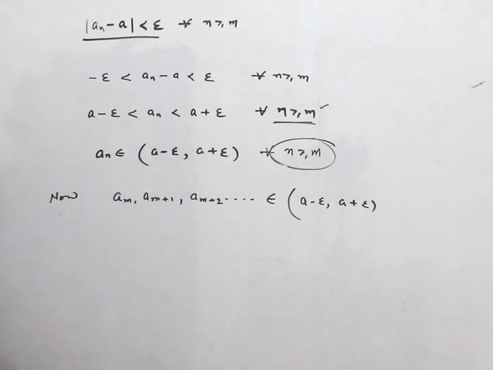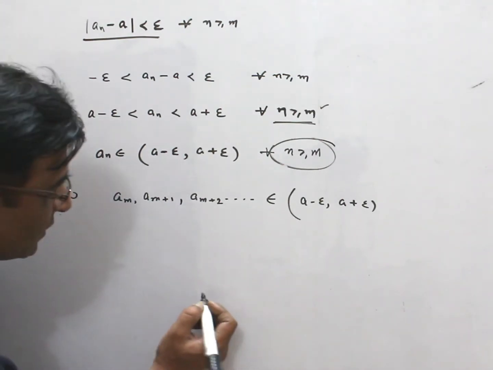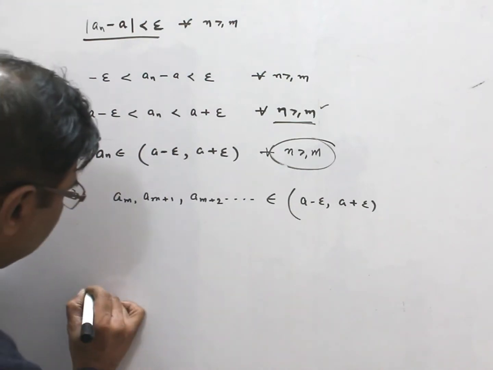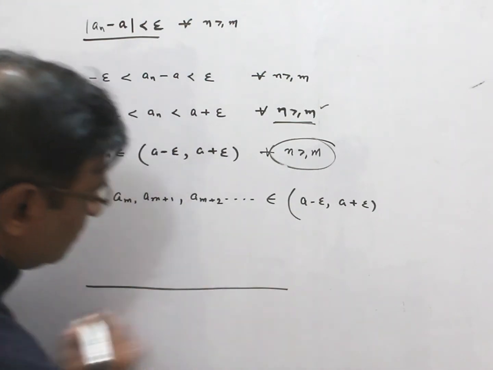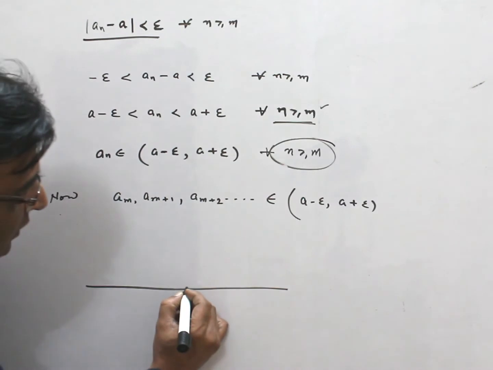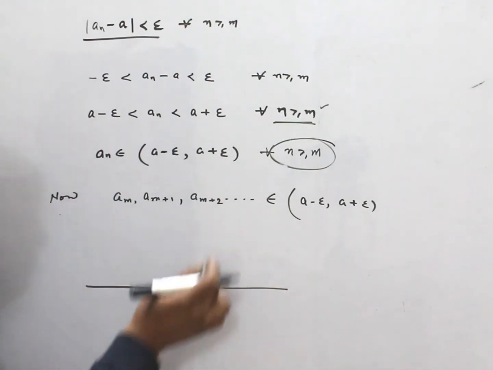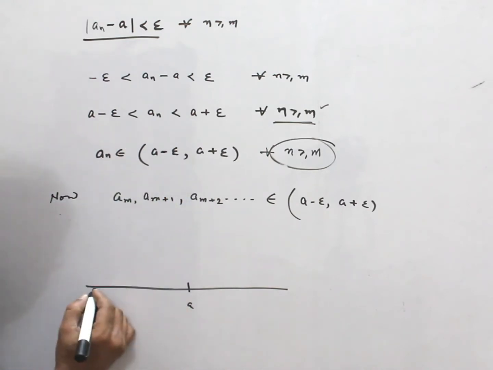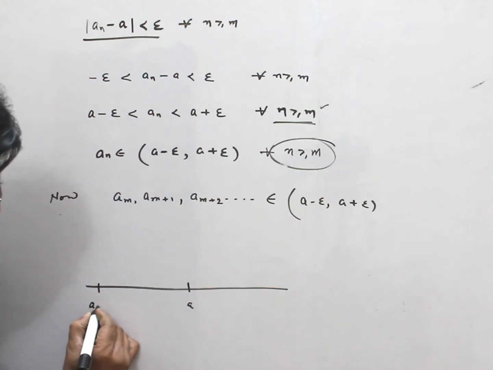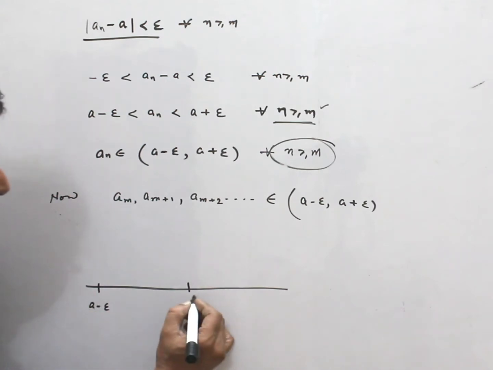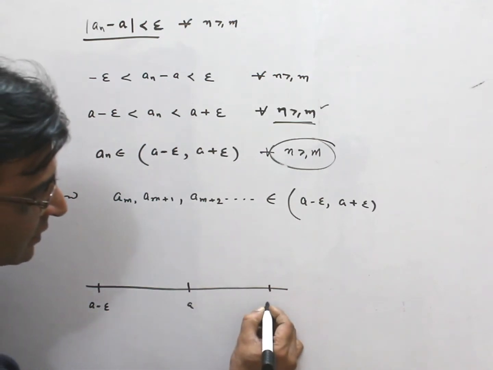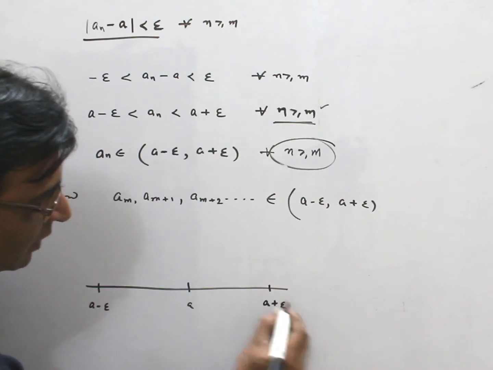Geometrically, what does this mean? If this is a, then if I subtract epsilon from a, because epsilon is a positive number, this is a minus epsilon, and if I add, this is a plus epsilon.